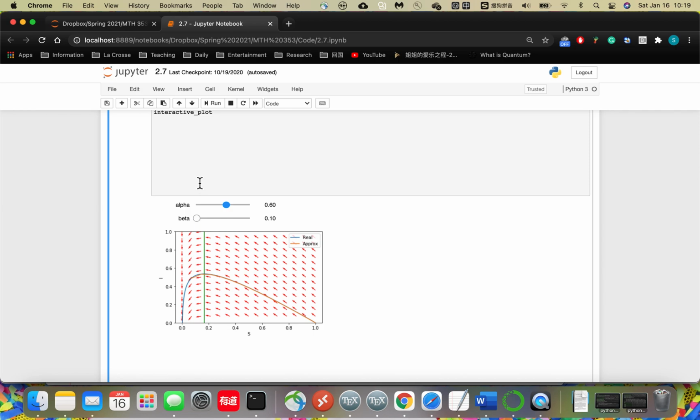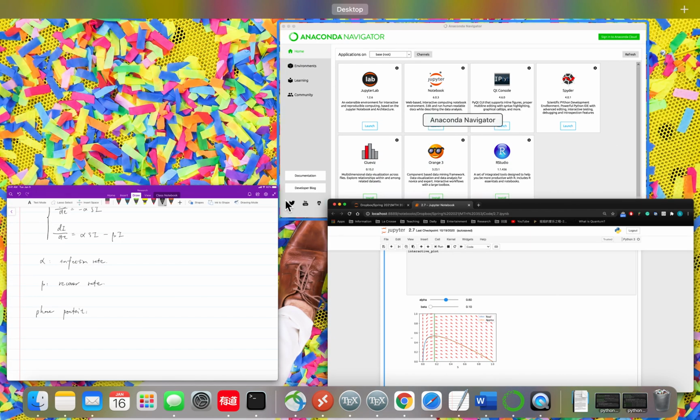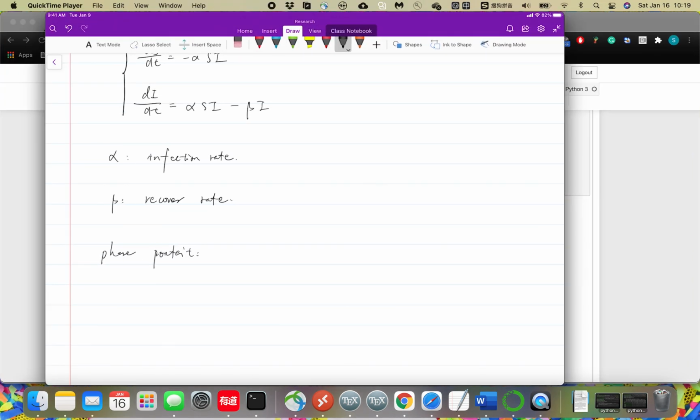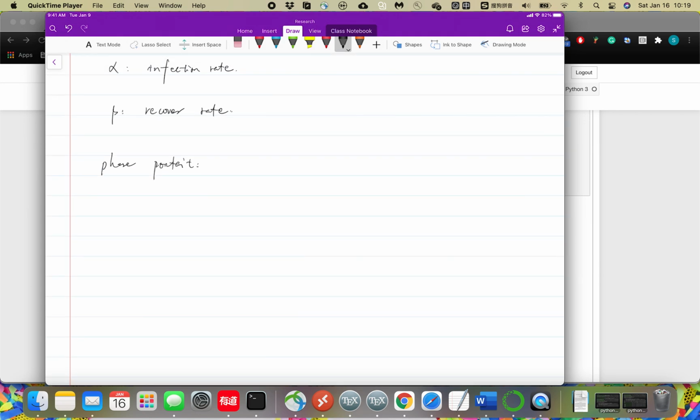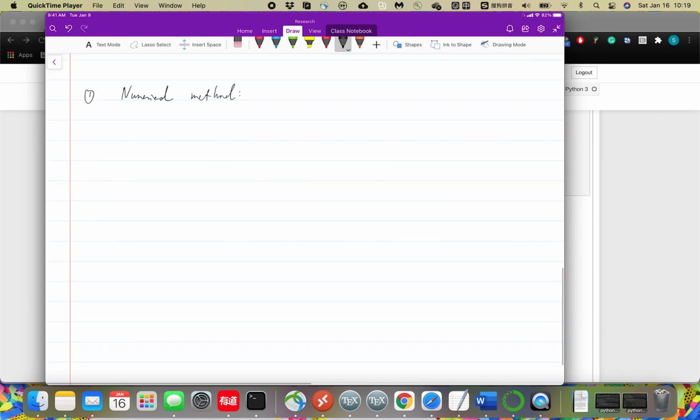All right, so let's write down the phase portrait. Actually, let's do the rough graph first. That is what we had before. So first one is the numerical method.